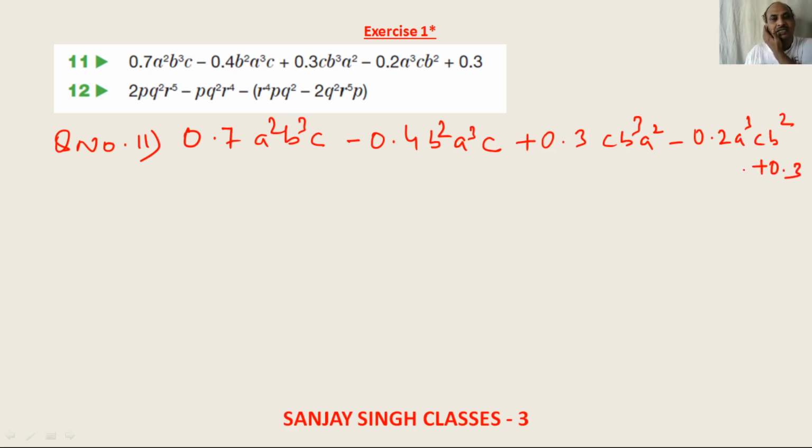Now let us see which are the common terms. Here it is a square b cube c, here it is b square a cube c. So both are not common terms.